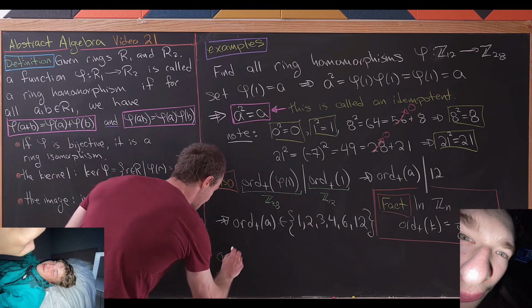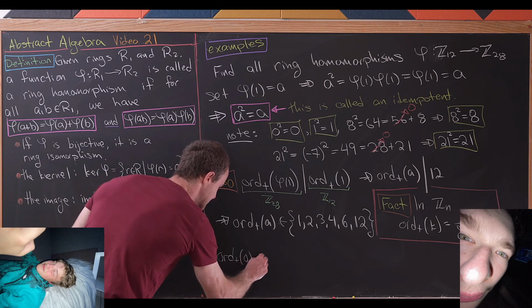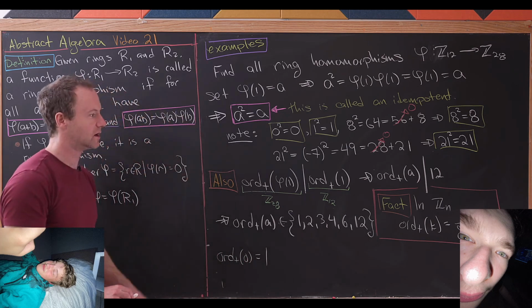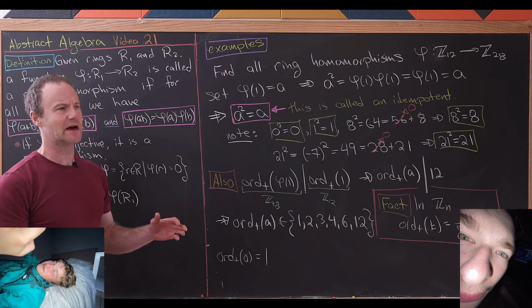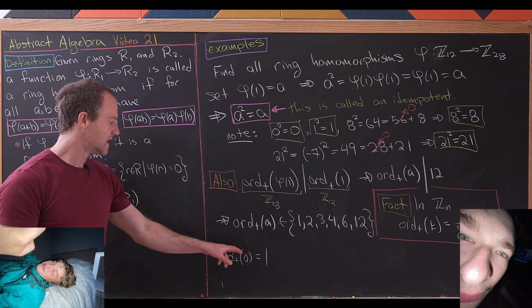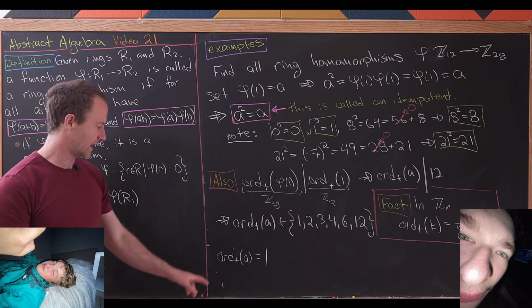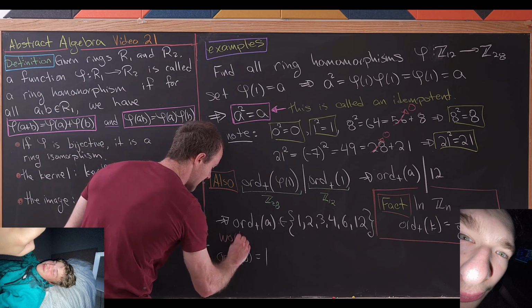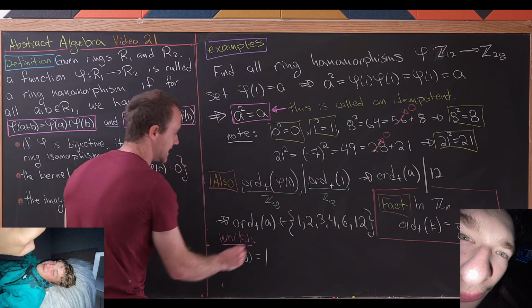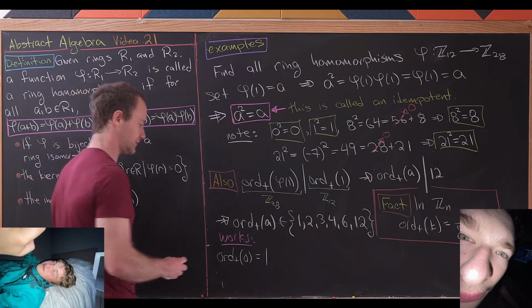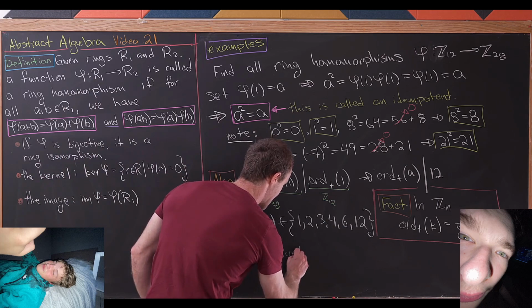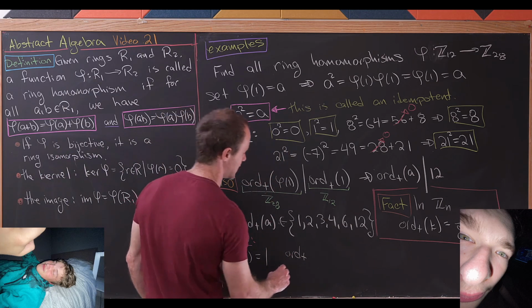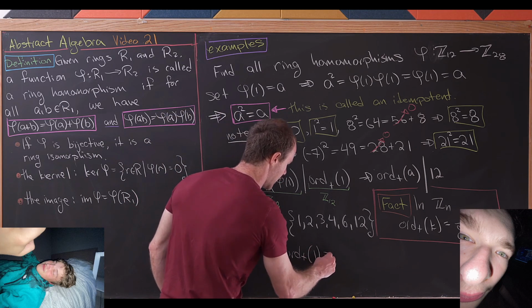Notice the additive order of 0 is equal to 1. Remember, the additive order is how many times you need to add something to get to the additive identity, which is 0. If you start with 0, you're okay. So that means this one works. This is okay because 1 is a divisor of 12. Now let's look at the additive order of the next one, which would be the number 1.